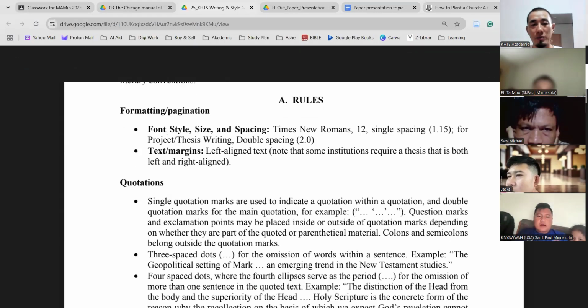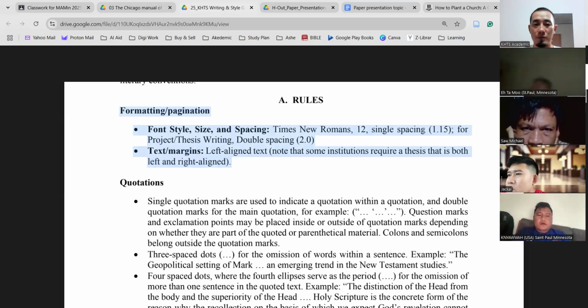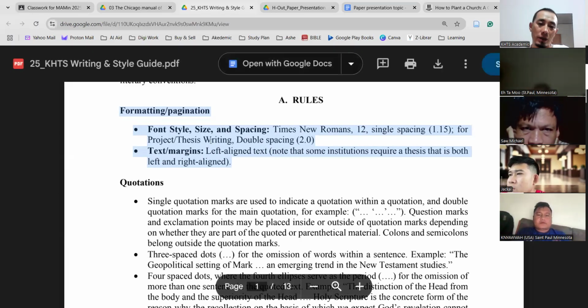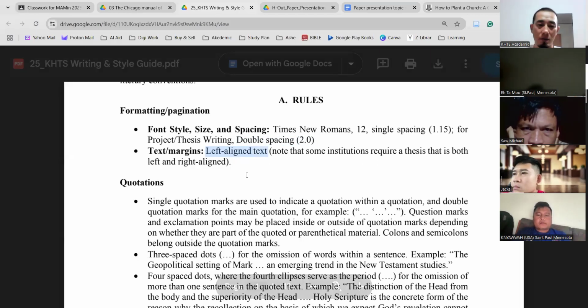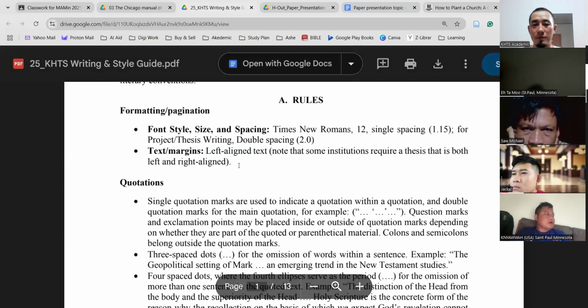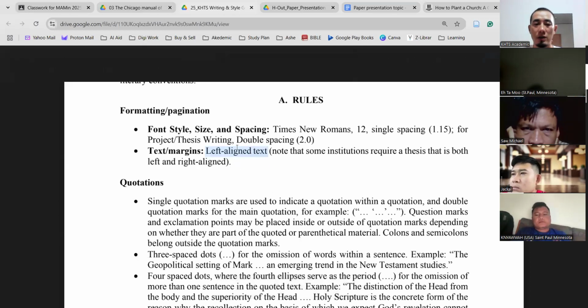The formatting style is given here: font size 12, spacing 1.15. For project writing and thesis writing, it should be double spacing 2.0. And don't justify, but leave it left-aligned. And for KHTS, leave it left-aligned.